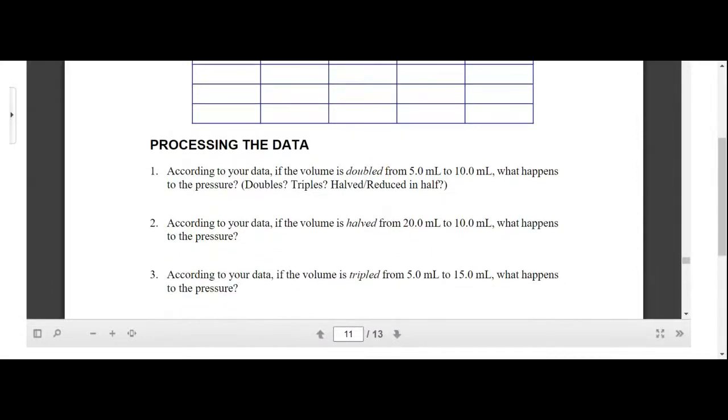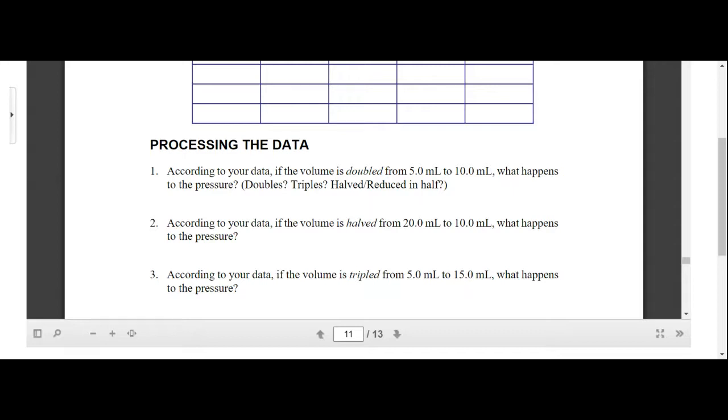When you are plotting a graph, your dependent data should be on the y-axis and independent data should be on the x-axis. What does it mean? The one that you have control over, that you are going to change and look for the result in the other one, that is independent. Like in this case, we are changing the volume of the air that is inside the syringe.